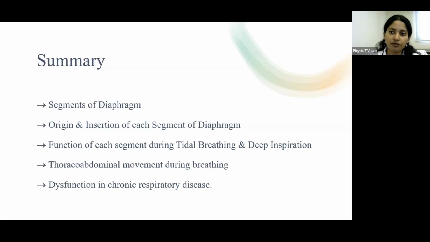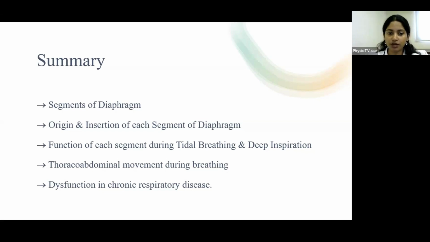The crural fibers just contribute to contracting the diaphragm downwards, pulling the central tendon or the dome of the diaphragm downward, but not directly contributing to the expansion of the lower rib cage.